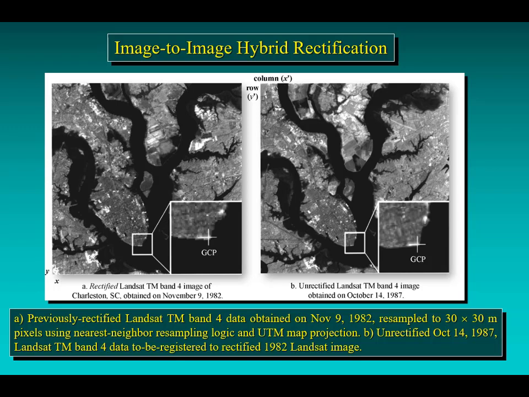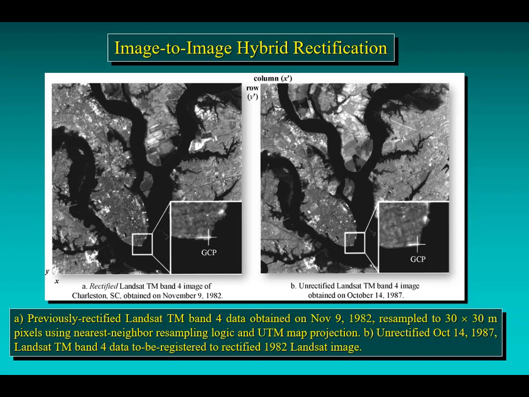So if the purpose is to perform, say, a change detection between these two images, it would be very important to have the exact pixels for corresponding locations between these two images very accurately and precisely co-registered with one another.